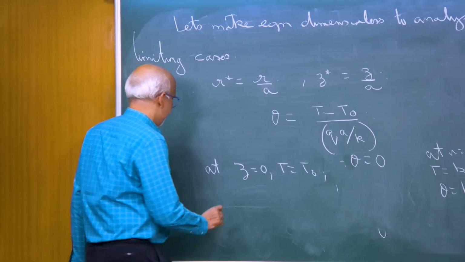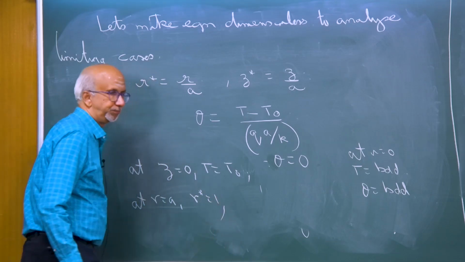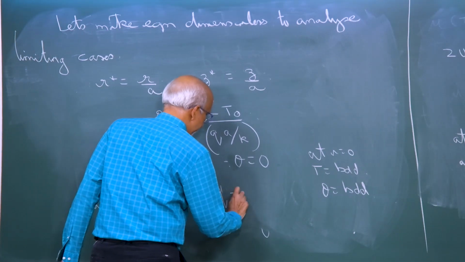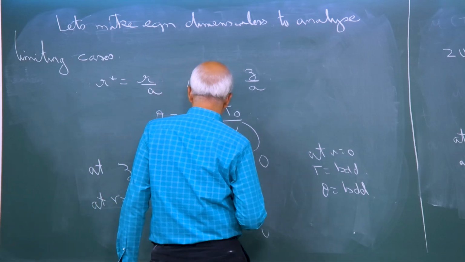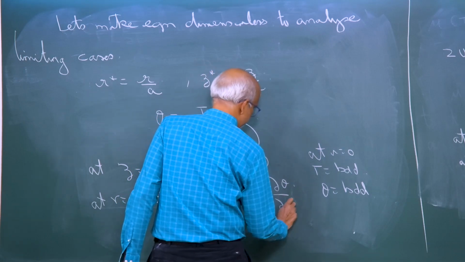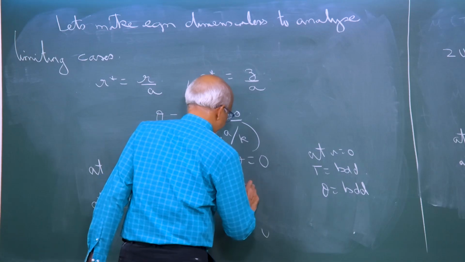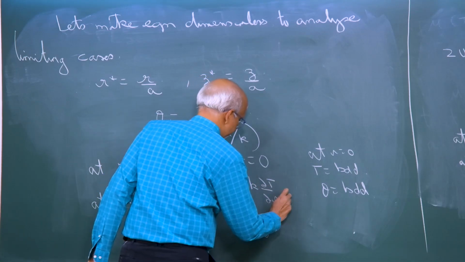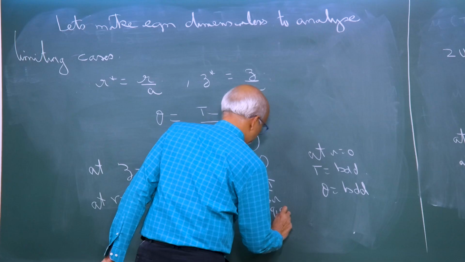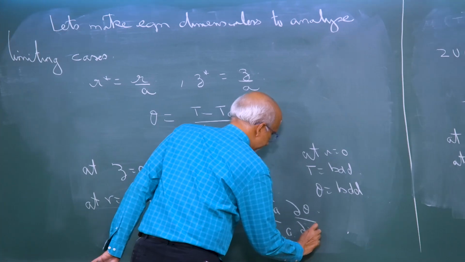And at r equals a, or r star equals 1, I have q equals k dT by dr. Wait a minute, q is k dT dr, and k times dT is q a by k d theta, again a here, dr star.